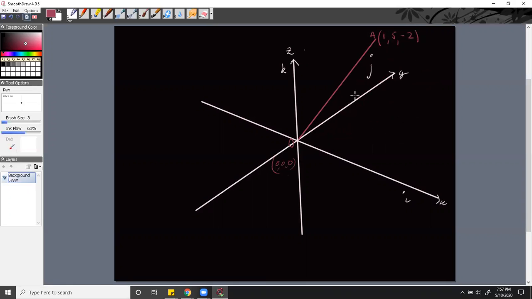Now, obviously, it doesn't look like that, but I'm just going to use that because it's example 14 in the book. Then we've got B, which is 0, minus 3, 7. So we'll put B out here.